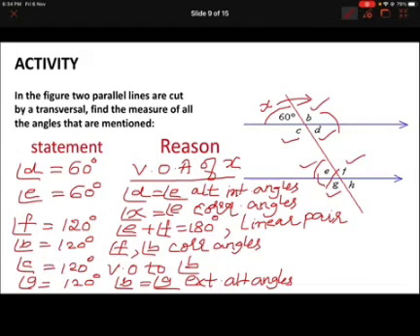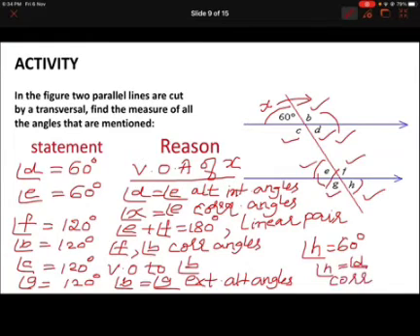Now, how do you find H? Angle H is 60 degrees. Again, I told you there are many reasons. You can write H and D are corresponding, or H and E are vertically opposite, or H and X are exterior alternate angles. Any reason. Here I am writing angle H is equal to angle D because corresponding angles are equal.